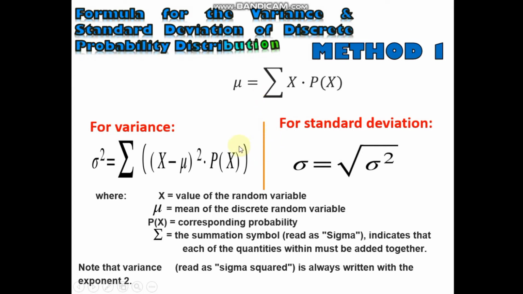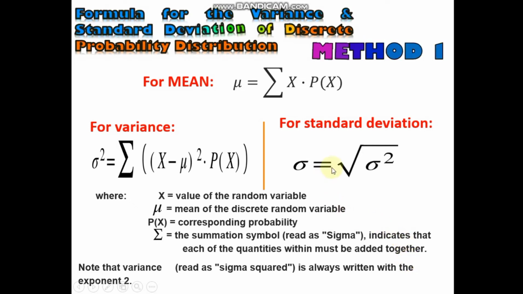Here, the variance is the summation of the quantity x minus mean squared times the probability of x. Your symbol for variance is sigma squared, a Greek symbol. We read it as variance.